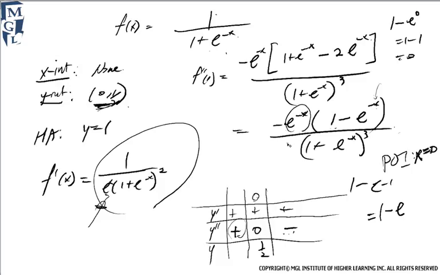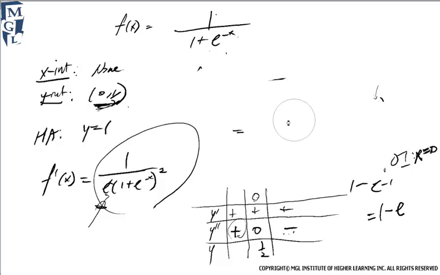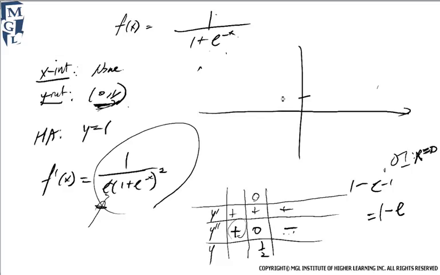So the asymptotes are really important in this graph. We know the horizontal asymptote is at 1, and there's a point of inflection at 0.5. Now, what happens as x approaches minus infinity?